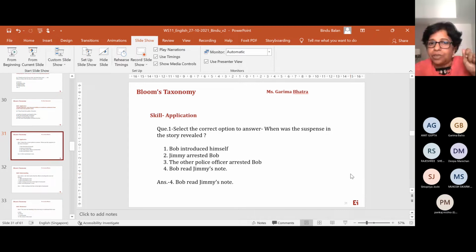So use keywords like these: recall means it's there, I'm just recalling it. Understanding means I know it is there and I'm telling you in my own words that it is there. Now application, the key word is new situation. I'm taking the information and applying it to a new situation. Now, what is analyze?